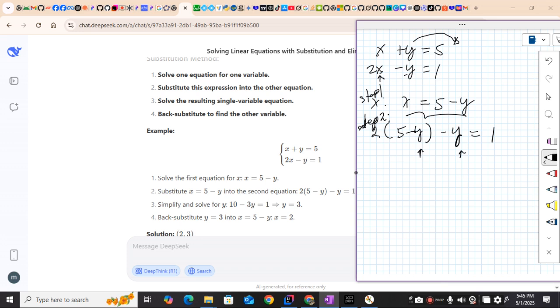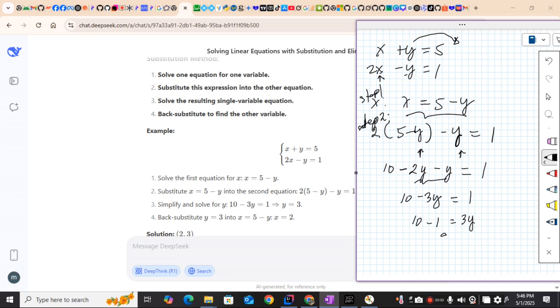So let's perform the operation. We need to distribute 2 within the parentheses. So 2 multiplied by 5 is 10, minus 2y, minus y equals 1. Now we can combine these, so that's 10 minus 3y equals 1. Then we can transpose 3y to the other side and the 1 to the left side, so 10 minus 1.